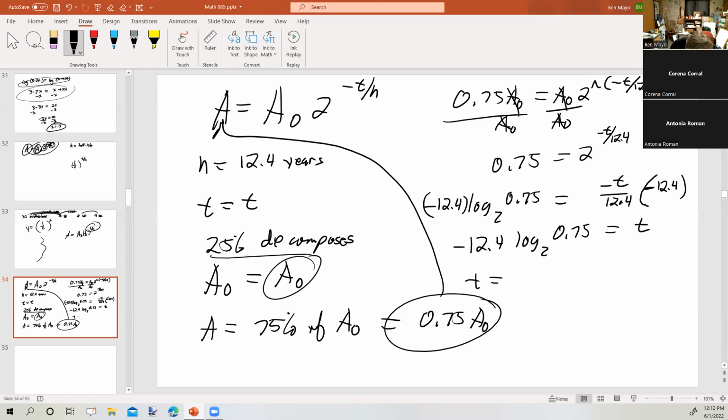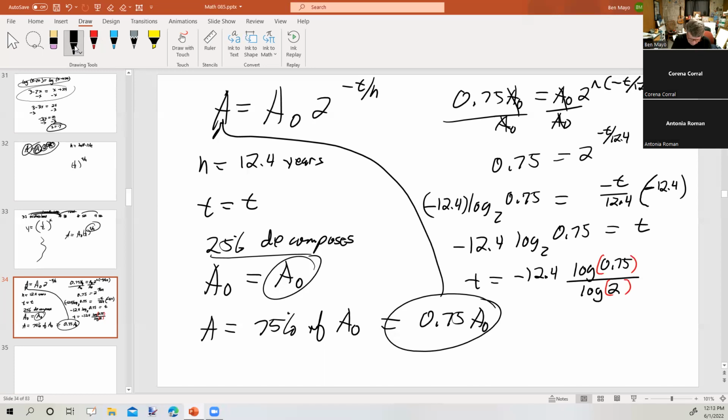So t equals negative 12.4. I'm going to use the change of base, log of 0.75 divided by log of 2. That goes into the calculator.